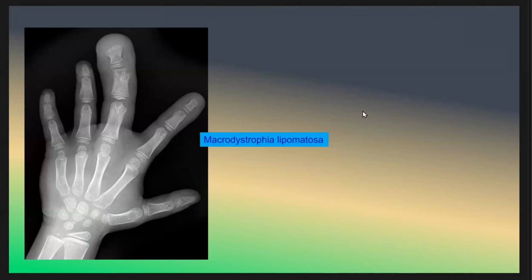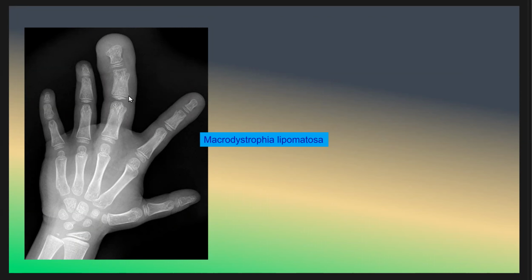Here, this patient, a child, what do you think? We have abnormality in the middle finger. There is a discrepancy between the middle finger and the rest of the fingers.